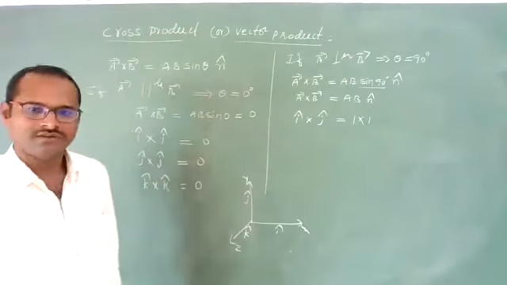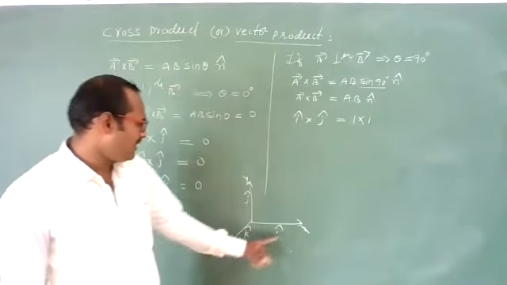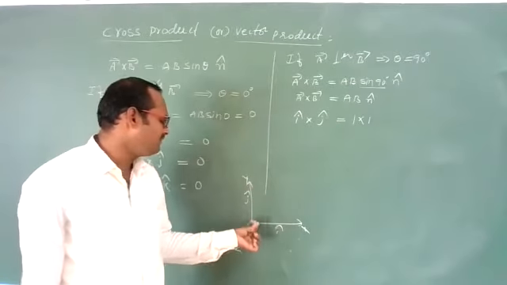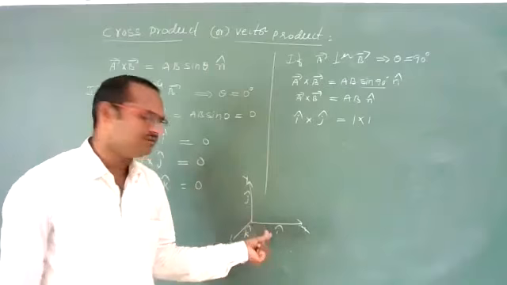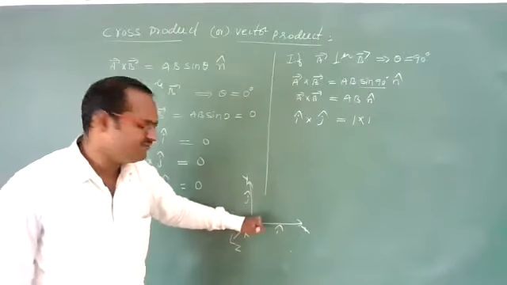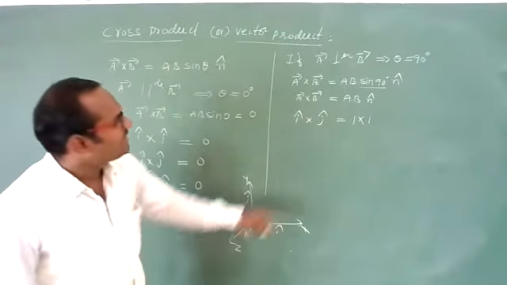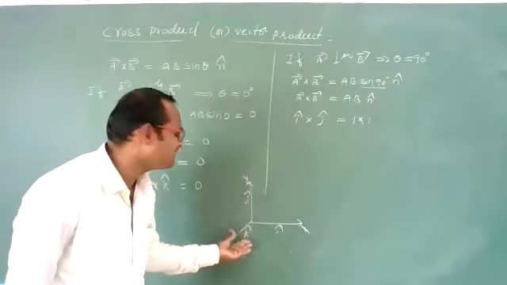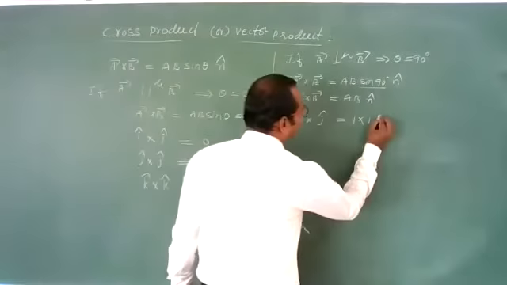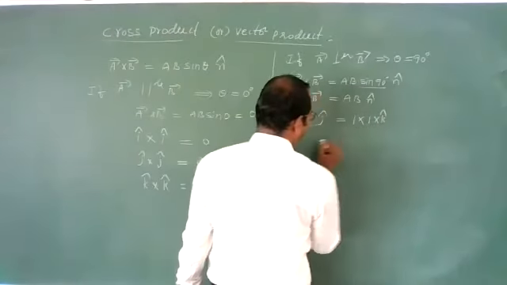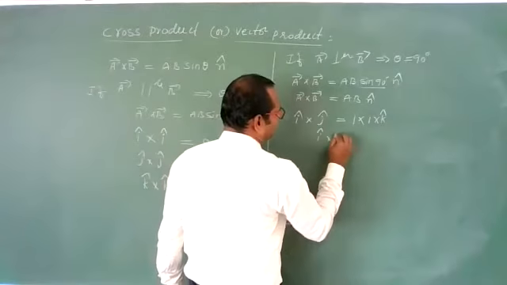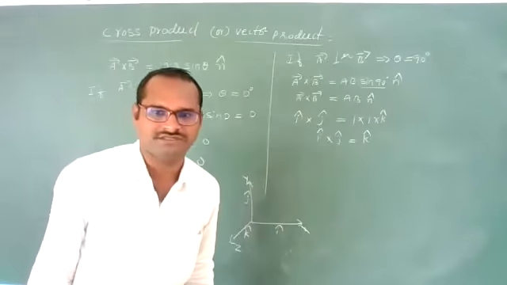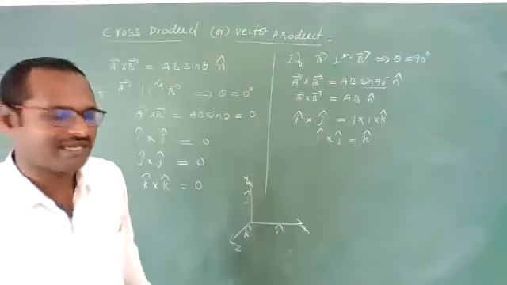I and j are lying in this board. Perpendicular to this board, K will be there. So in the place of n cap, you should keep a unit vector perpendicular to I and j. What is that? K cap. That is, I cross j gives you k cap. Very important, you must remember this: I cross j gives you k cap.